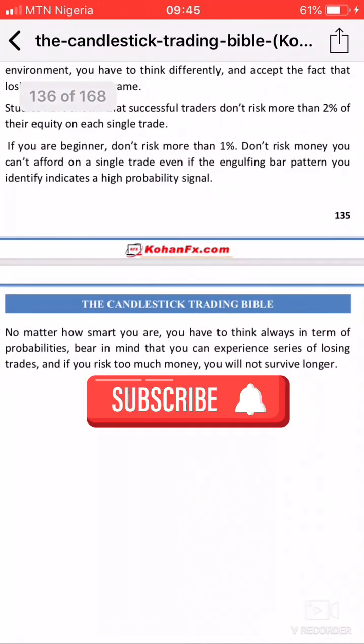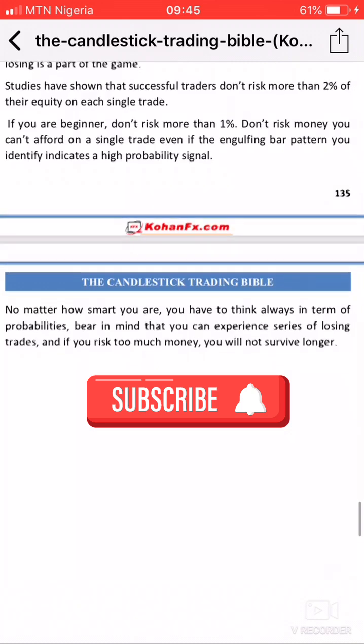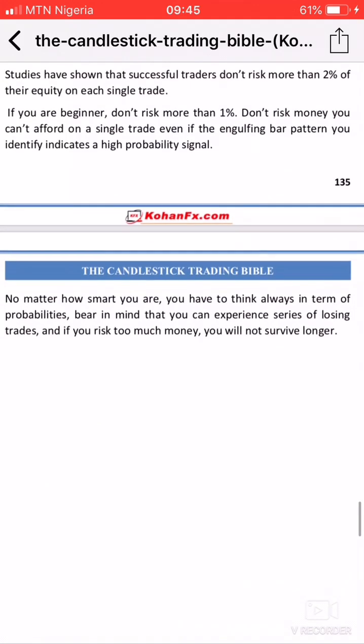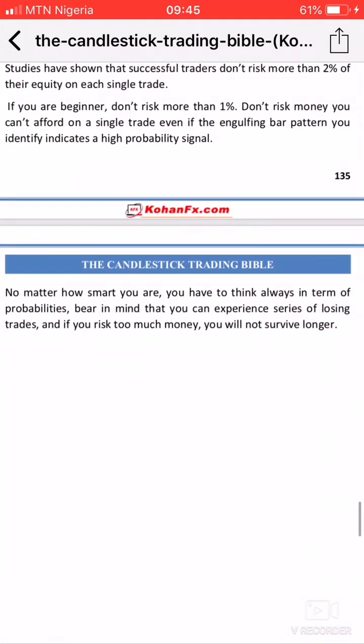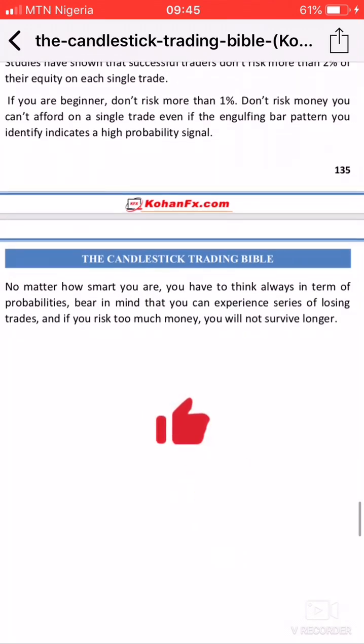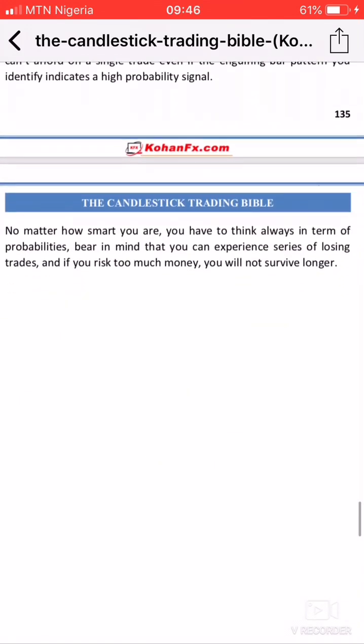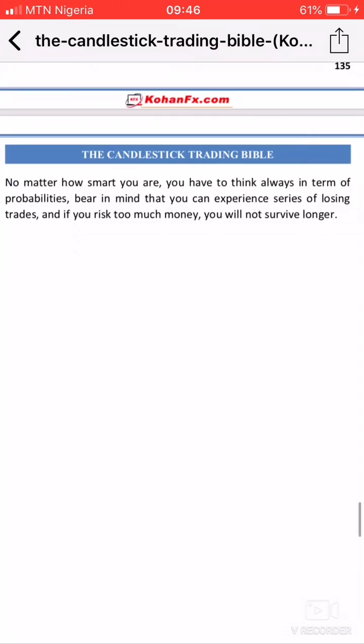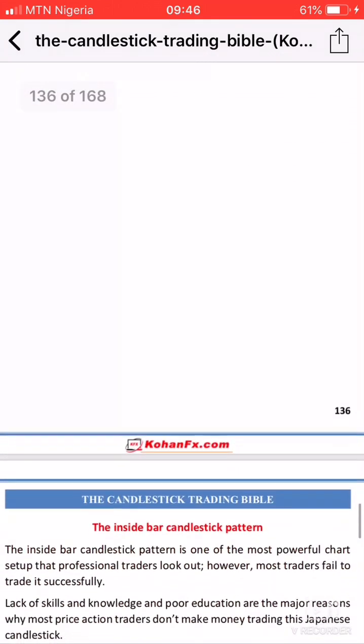No matter how smart you are, you have to think always in terms of probabilities. Bear in mind that you can experience series of losing trades, and if you risk too much money, you will not survive longer.